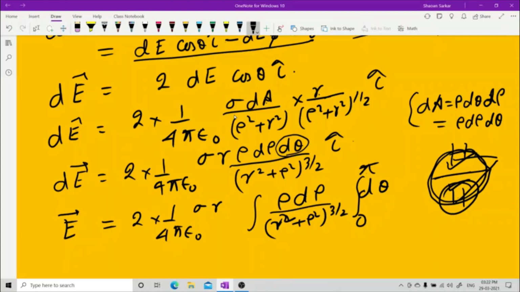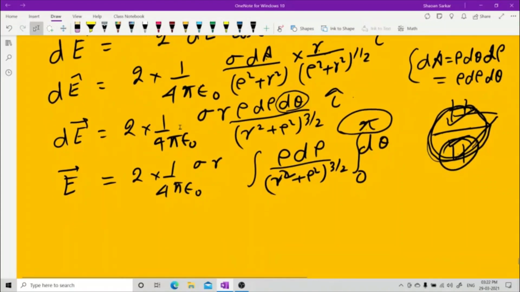Do not take 0 to 2 pi, just keep it pi, to avoid the double counting. Now let us try with this, and this will be from 0 to r. Now let us do the integration.